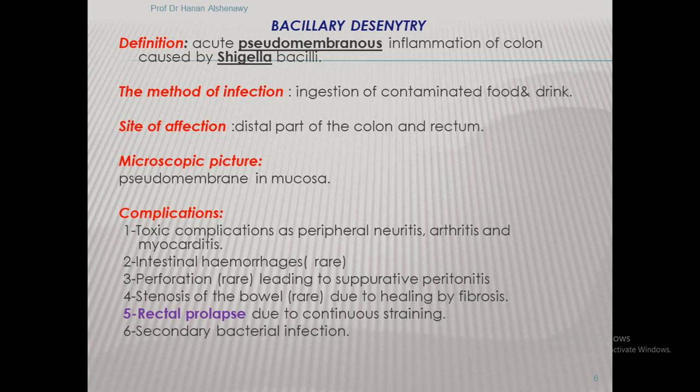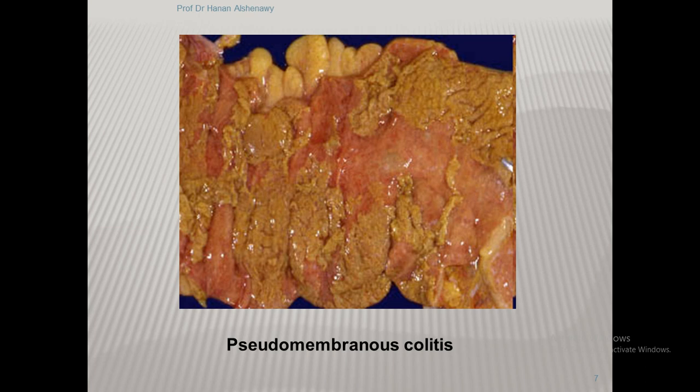Stenosis is also rare, and the very important complication here is rectal prolapse from the tenesmus. Rectal prolapse is due to continuous straining during defecation. This is the shape of the colon cut longitudinally, and this is the mucosa with this yellowish pseudomembranous colitis.